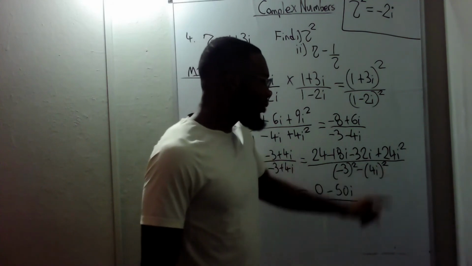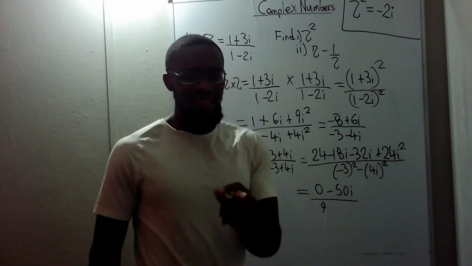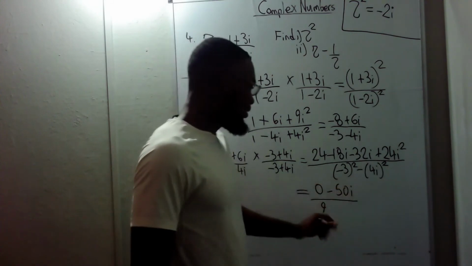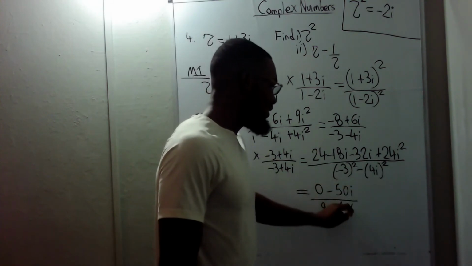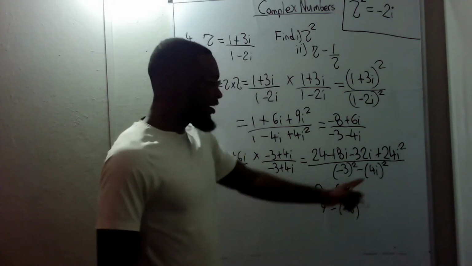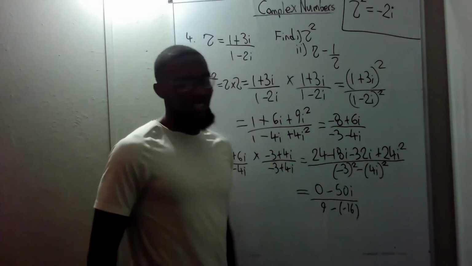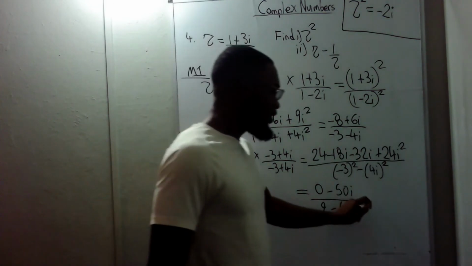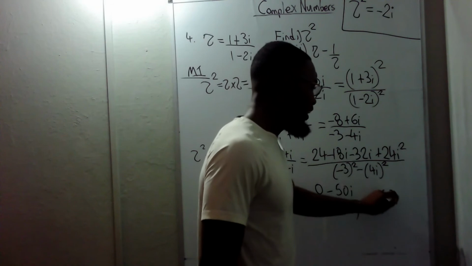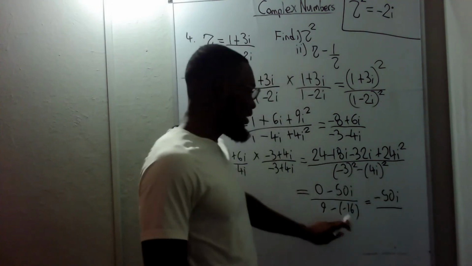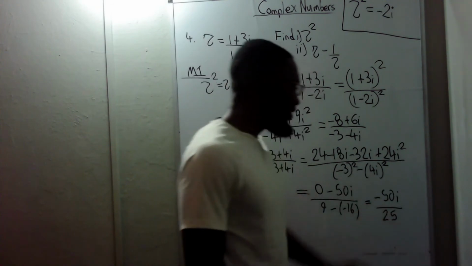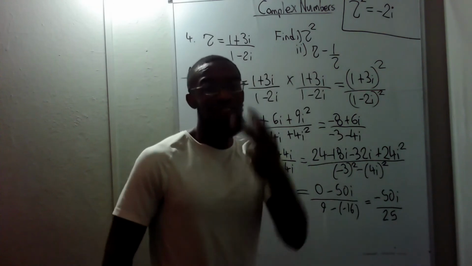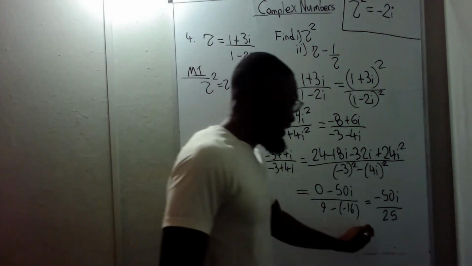Minus 4i squared is 16i squared. So this is minus 16, right? 4i squared is -16 because i squared is -1. Minus and minus become plus. So this is -50i over minus and minus is plus, that's 25. -50 over 25 is 2. This is -2i.